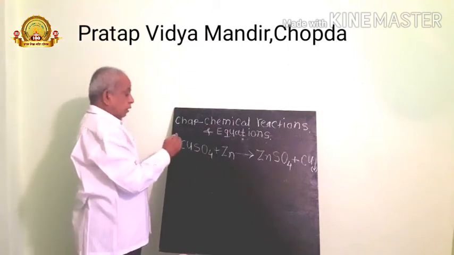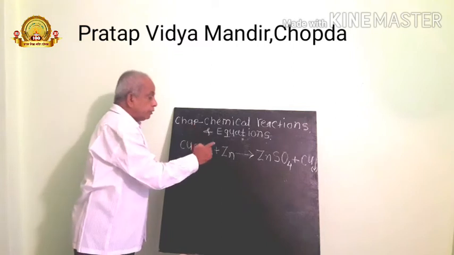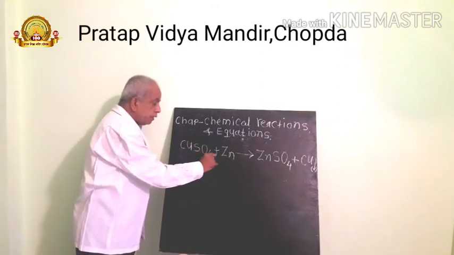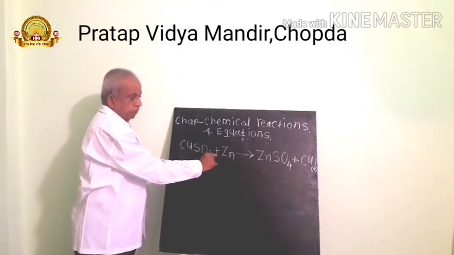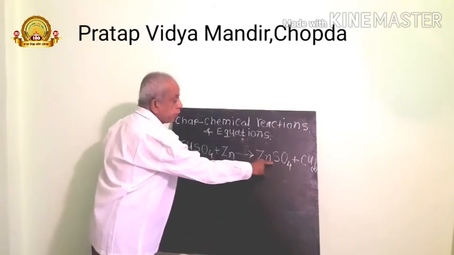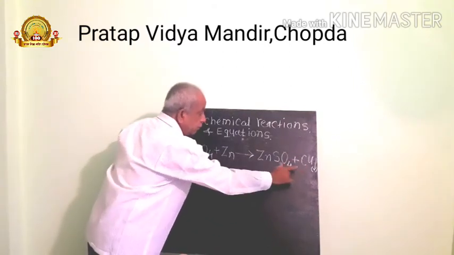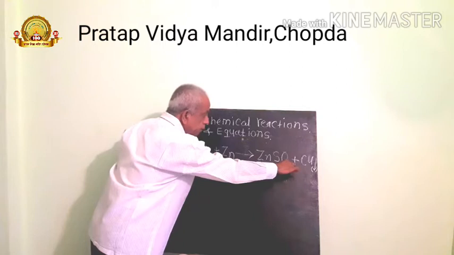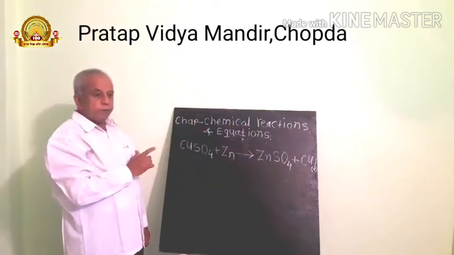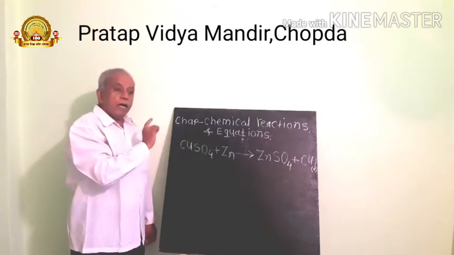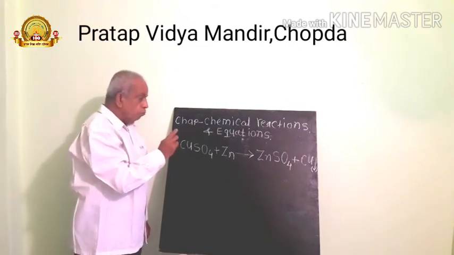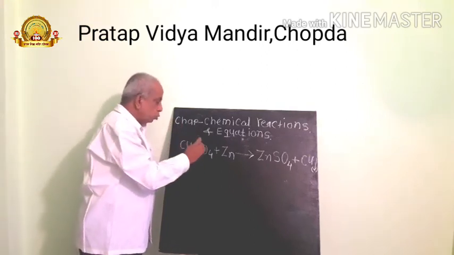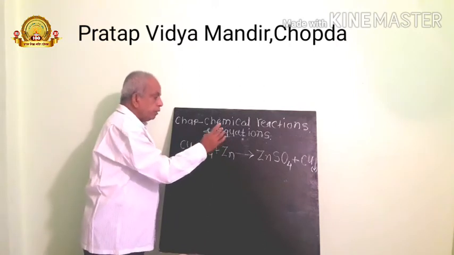Now, copper sulfate and zinc are two reactants, hence a plus sign is shown in between them, whereas zinc sulfate and copper are two products, hence here also a plus sign is given. It means that if reactants or products are more than one, then show a plus sign in between them.